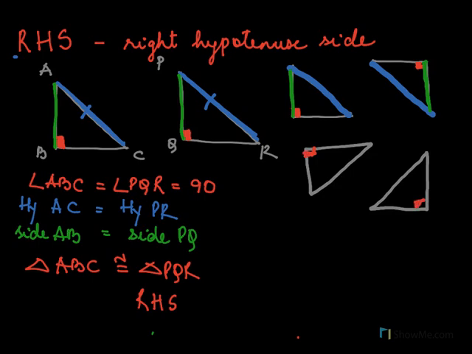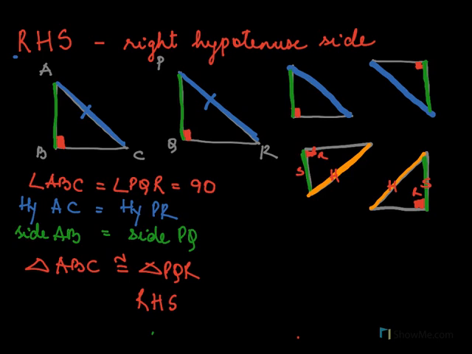Here too again I have one right angle. It's important that the hypotenuses are equal. So this hypotenuse is equal to this hypotenuse, and one side should be equal. So I have here this side, say, equal to this side. We have the hypotenuse equal, the right angle, and the side equal. I can say the triangles are congruent.